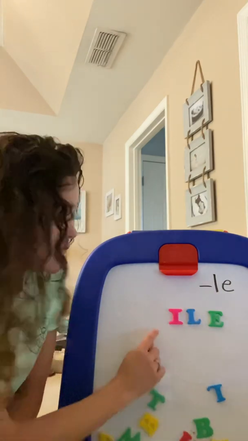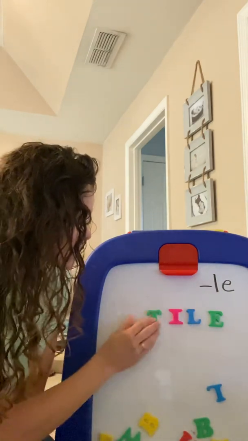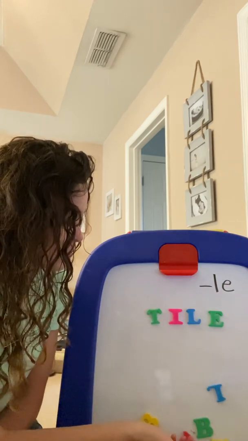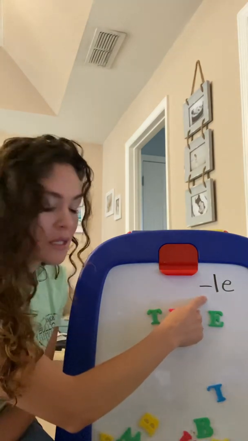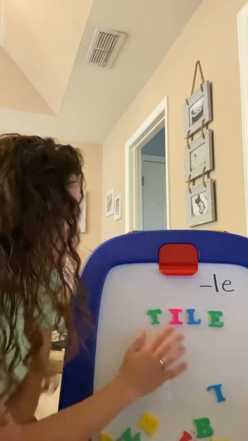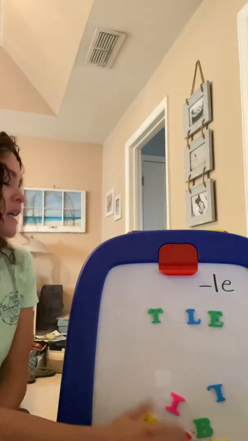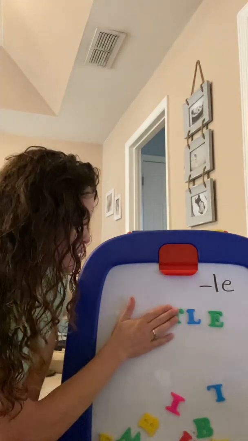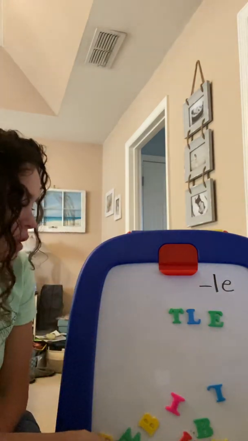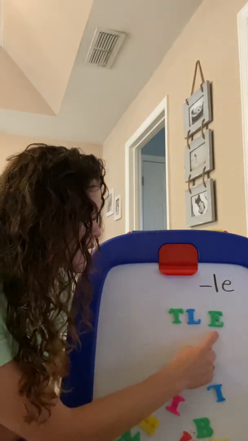This would be a mama E syllable type, like in tile. Okay, not a consonant LE, because this is not a consonant. We know that I is not a consonant. Any other letter that's not a vowel is a consonant. So I'm actually going to scooch this right on over. This would be a consonant LE.